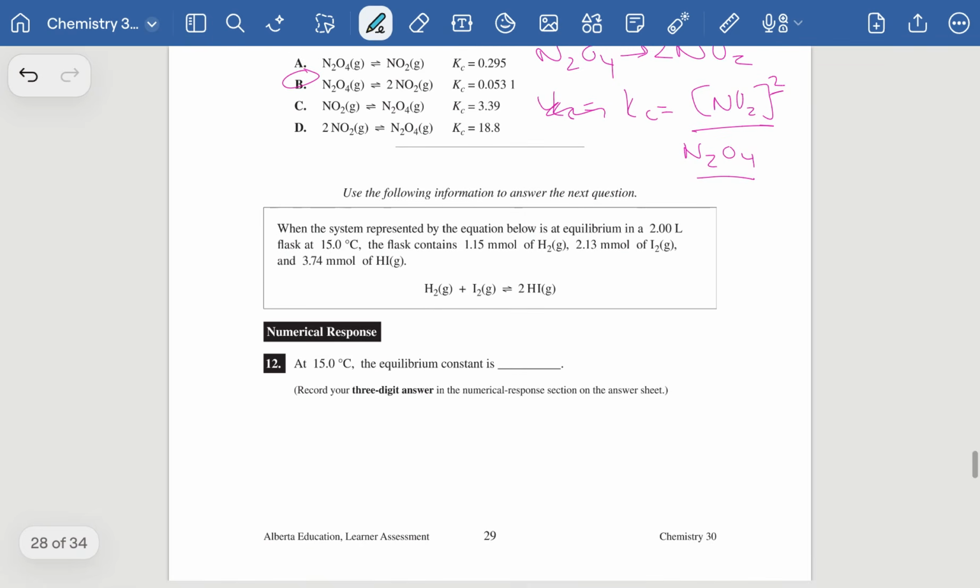Okay, this next one, you're also going to use the Kc formula. You have to do a little bit extra because when you're using the Kc formula, you have to have concentration in moles per liter. You would take each of these, divide it by 1,000 to get it to moles per liter, and then divide each of them by 2 because those are just millimoles and we need moles and in liters.